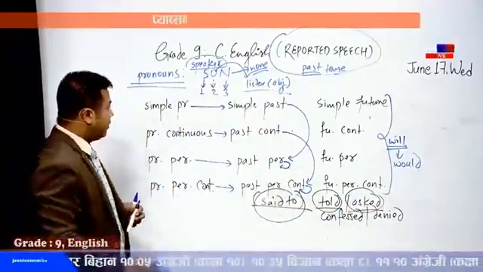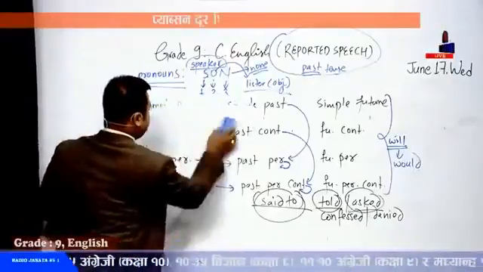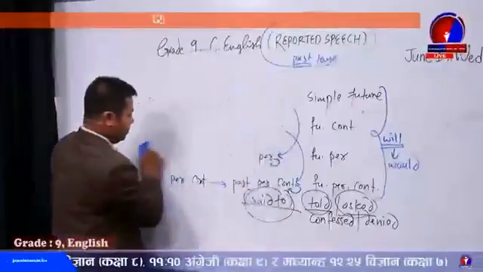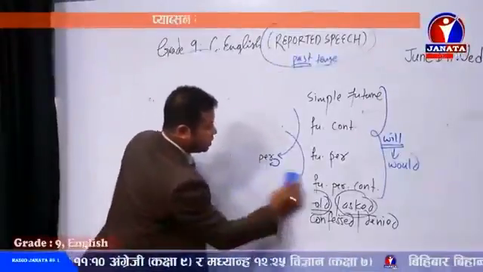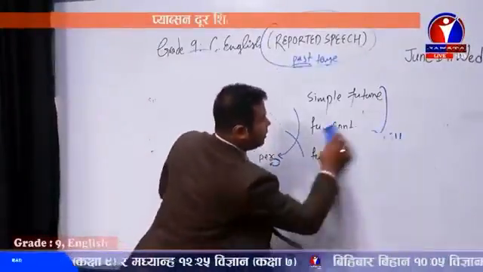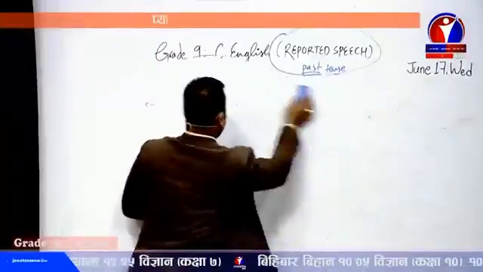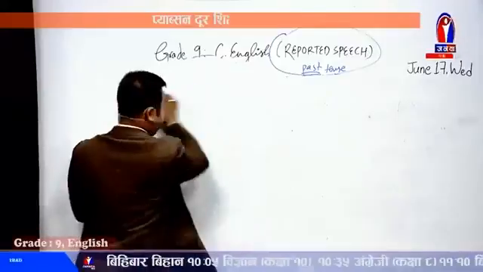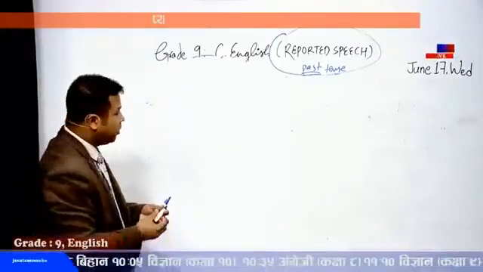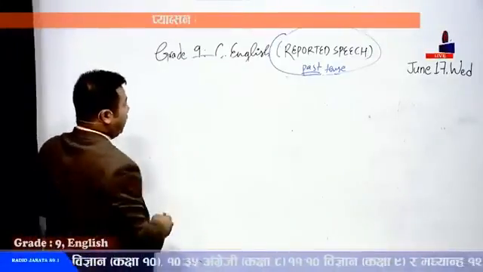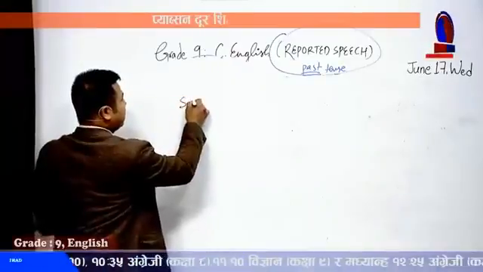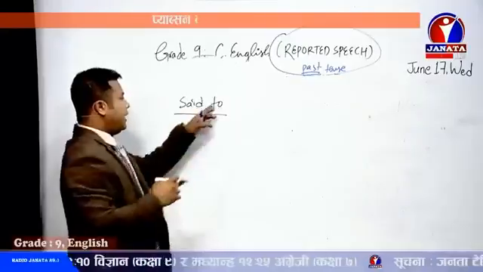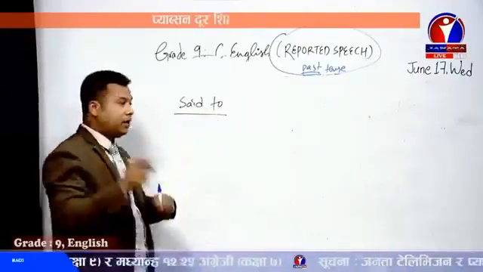But here, one thing that is interesting is, remember, we're doing reported speech for grade 9. I need a space, so I have removed the information that I've displayed. I hope you have copied it for the exercises we are going to do together. I was talking about the reporting verb said to. Said takes to and then an object, a listener.